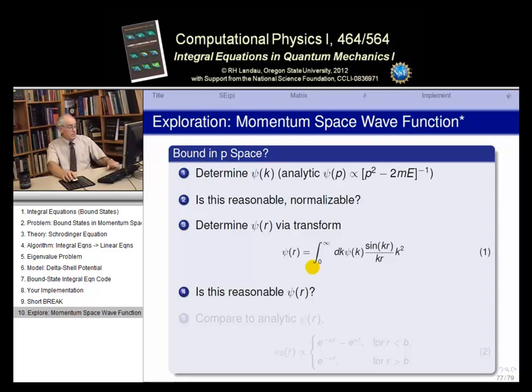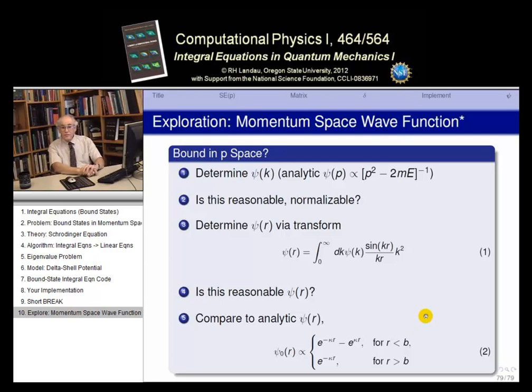Is that reasonable? And finally, for the delta shell potential, which is our potential, we know that the wave function in coordinate space has this exponential drop-off, as given here. A drop-off and a growth inside the shell, and there's just a drop-off outside. So is that more or less what you're getting?